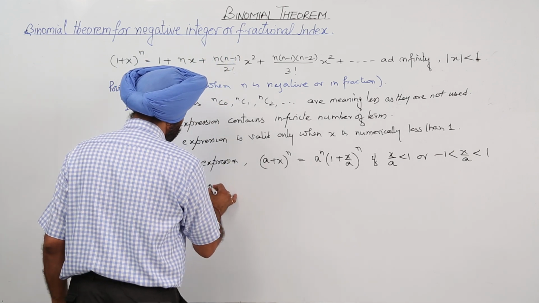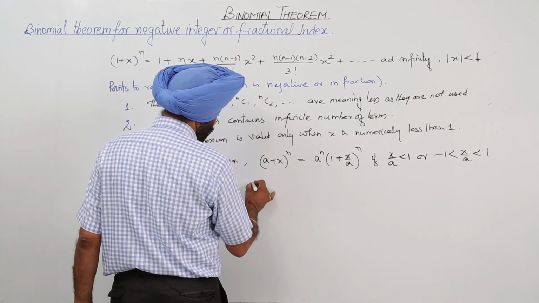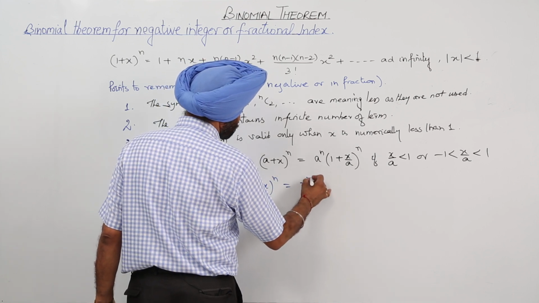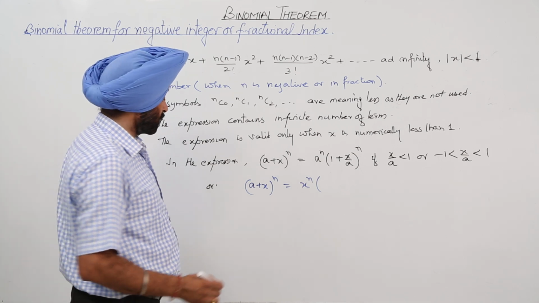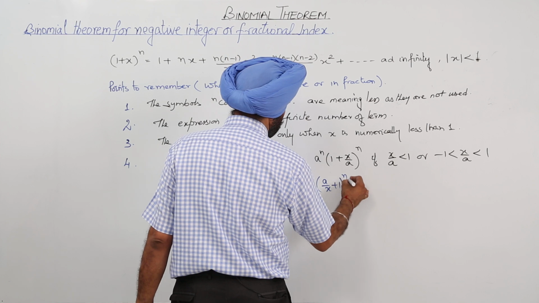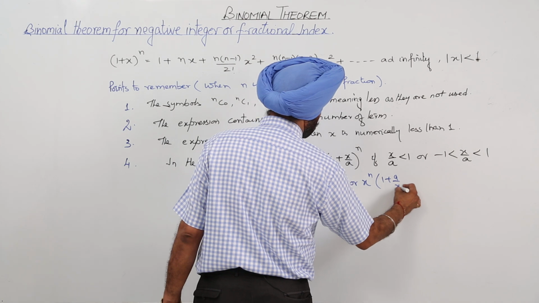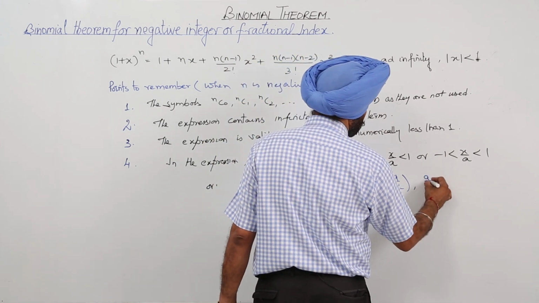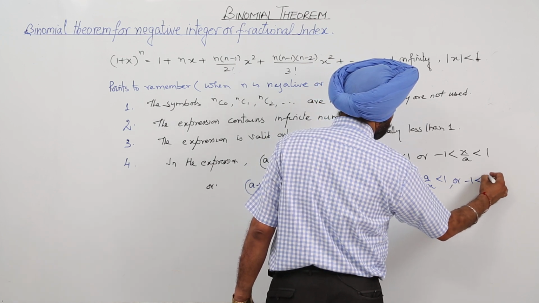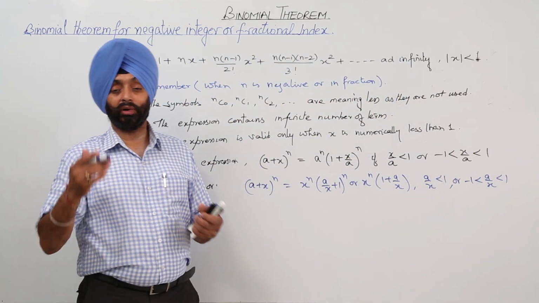Or, if the expression is in the form of (a plus x) raised to the power n, and now we take x raised to the power n as a common, what are we left with? x raised to the power n times (a upon x plus 1) raised to the power n, or you can write it as x raised to the power n times (1 plus a upon x). Condition same. Now here a upon x should be less than 1, which means again a upon x should lie in between minus 1 and 1.